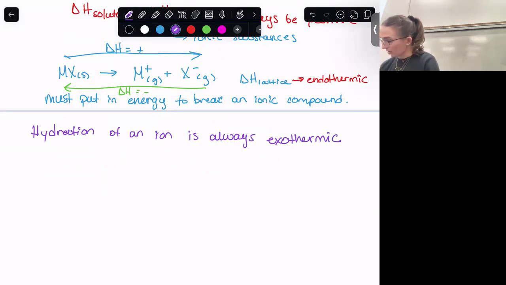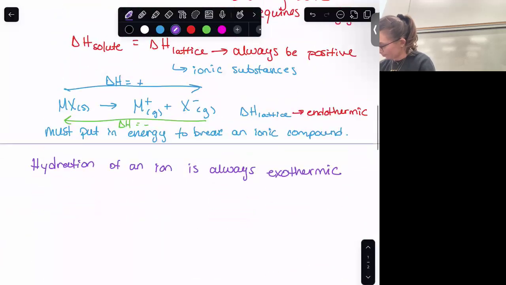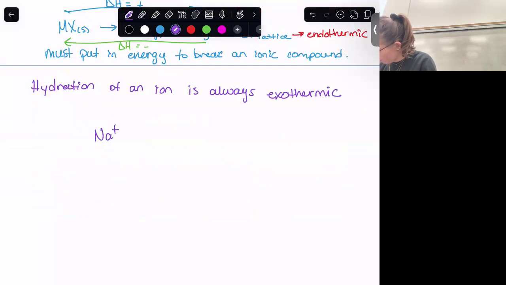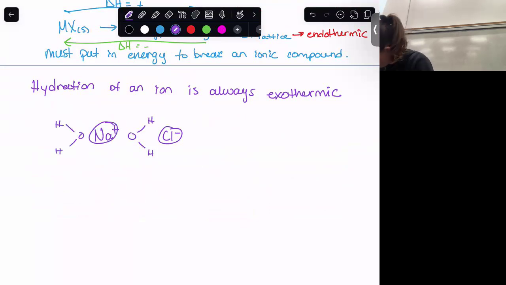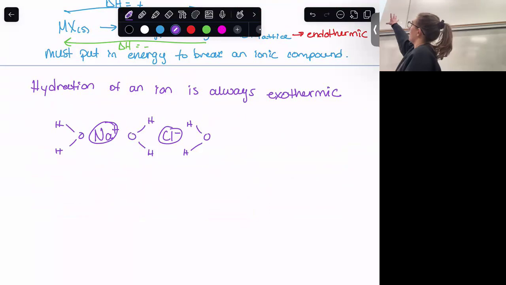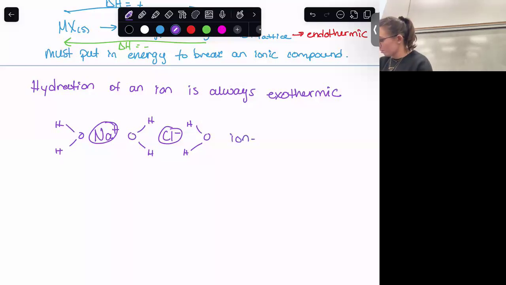And this is because once it settles, I'm just going to draw this again. Once it settles as your hydration, where we have the water molecules surrounding the sodium and the chloride ions, the ion dipole interactions between the two are very strong.